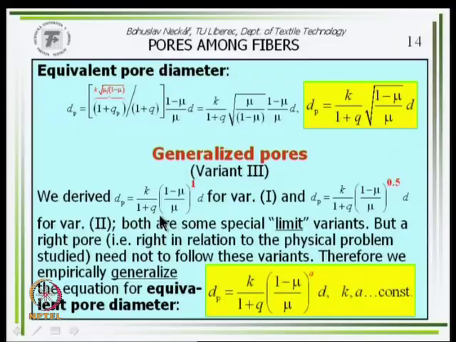In the first variant, we obtain from dP, the pore diameter, this equation, with 1 minus mu by mu, which I can write with power 1. In the second, it is this power 0.5. It's the same mathematical structure. The differences are only in the value of the exponent, either 1 or 0.5.